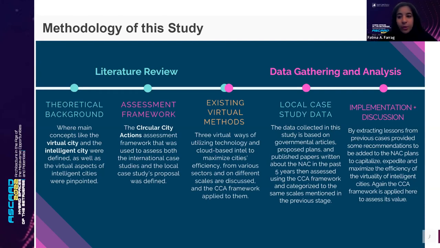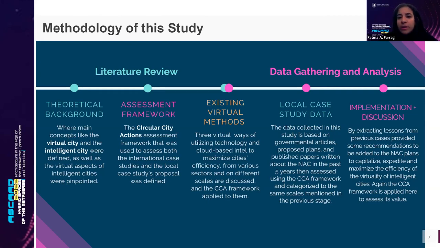It's still a work in progress, and all the data is hypothetical or based on plans that I gathered from either governmental actions or published papers written about it.